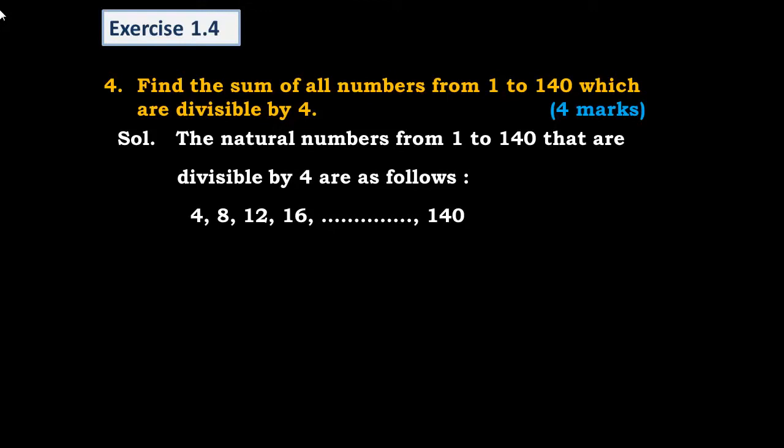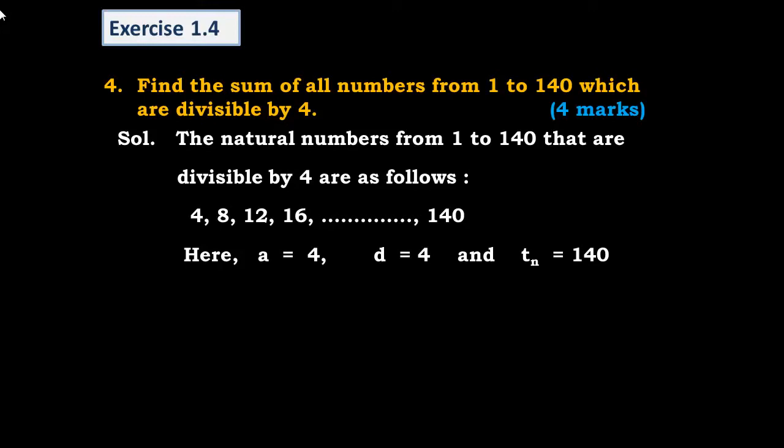So here we have a is equal to 4, d will also become 4 (8 minus 4 is 4, 12 minus 8 is 4), and Tn is equal to 140.